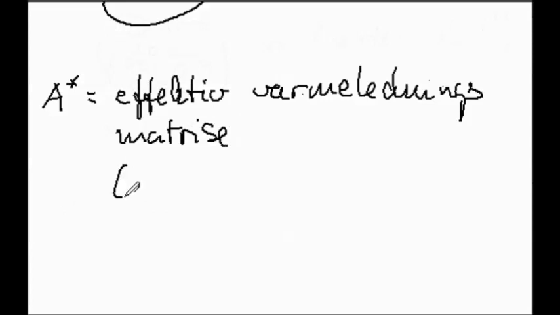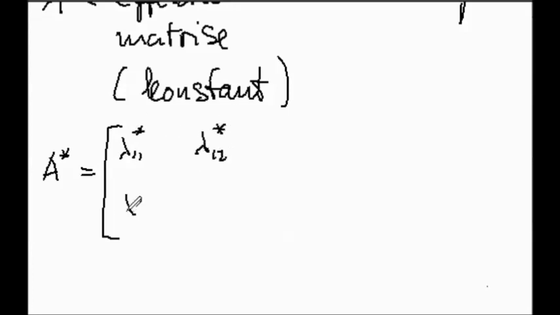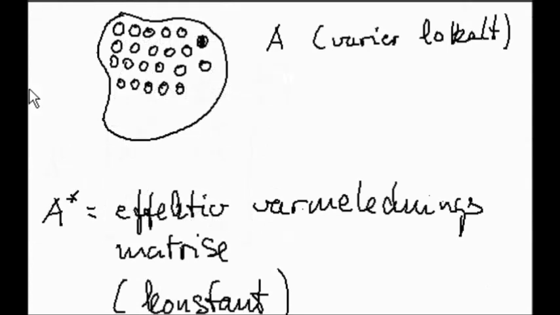Associated with the conductivity matrix A, we have the effective conductivity matrix A star, which is a constant matrix. And this matrix is the matrix of a corresponding homogeneous material with the same effective properties as the composite material. For example, the thermal energy of the composite material will be equal to the thermal energy of the corresponding homogeneous material.